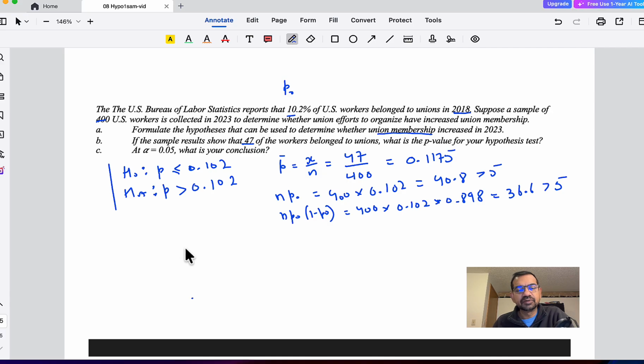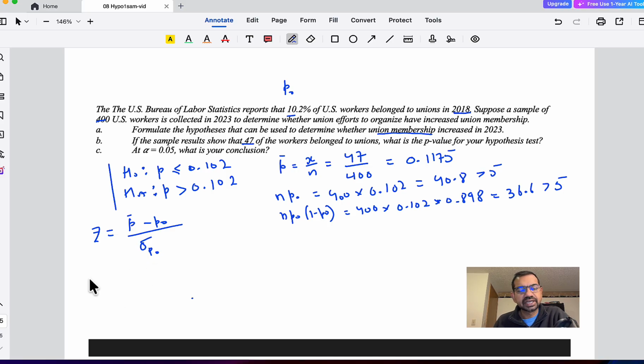The next step involves formulating our test statistic, which is z, because it meets our conditions for being able to use the z distribution. It is our sample proportion minus our postulated value divided by the standard error of the population proportion.